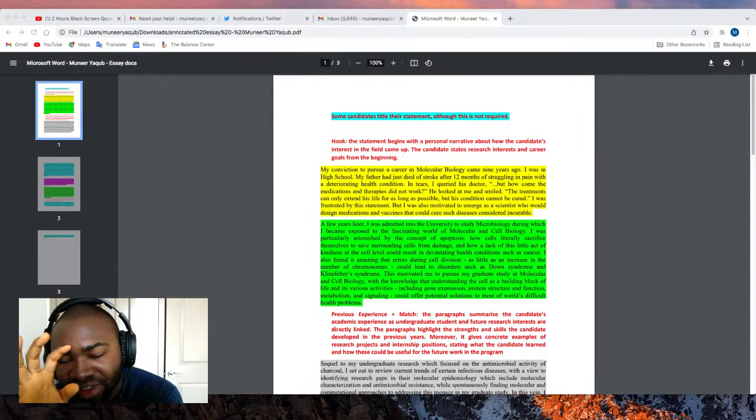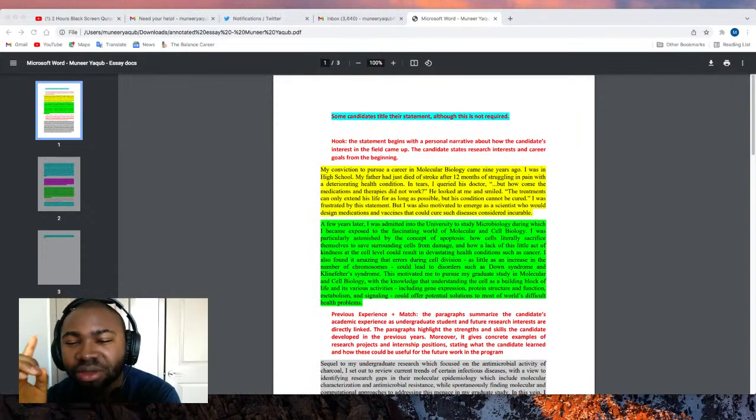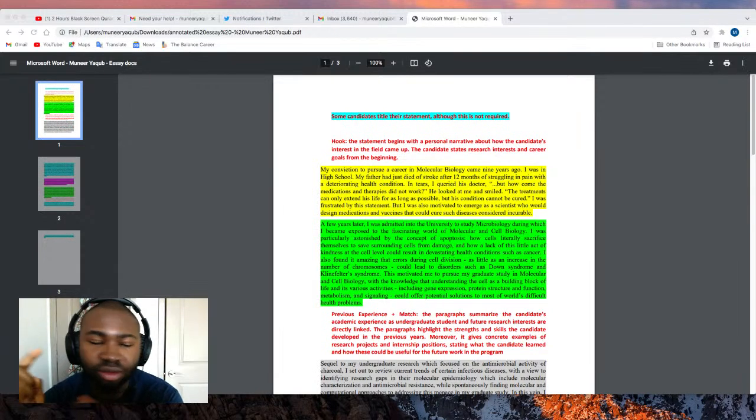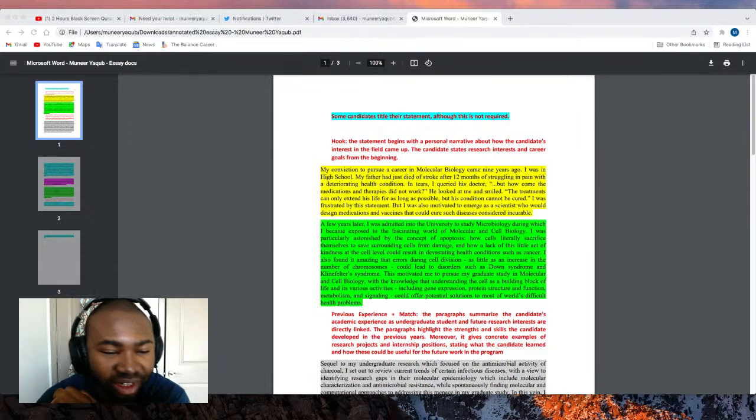So in the first paragraph, make sure you don't start with irrelevancies like "my name is." Don't give them information they already know about you. Your name is all over the place; you already filled in the application.